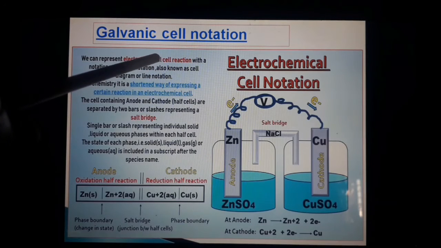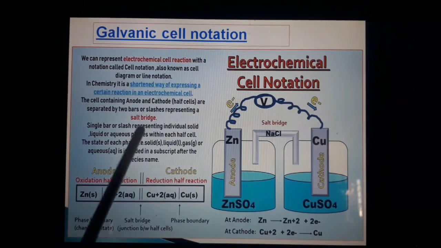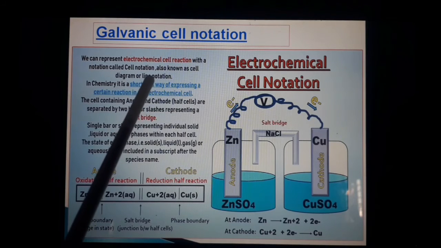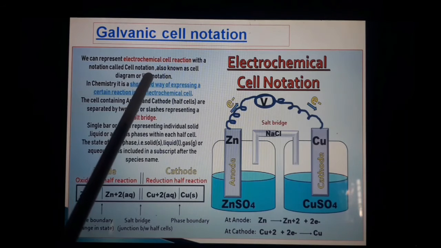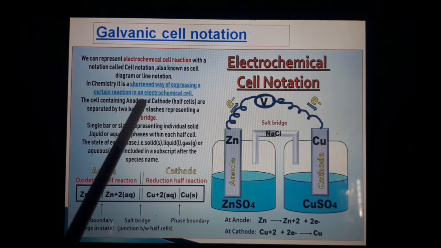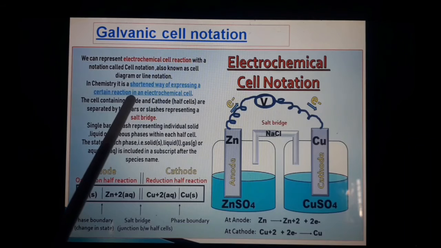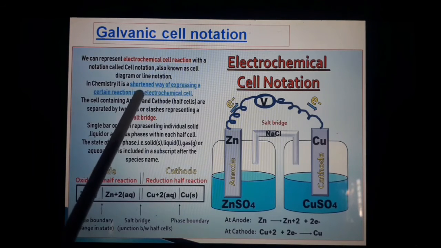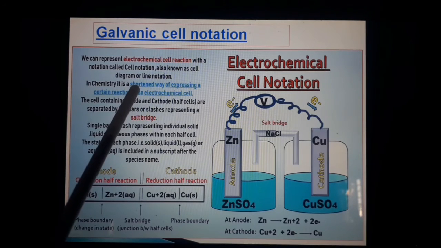This is called cell notation, also known as cell diagram or line notation. It is a shortened, shorthand way to represent an electrochemical cell. The cell contains an anode part and a cathode part, the first half and the second half.